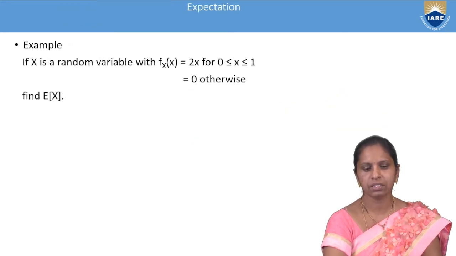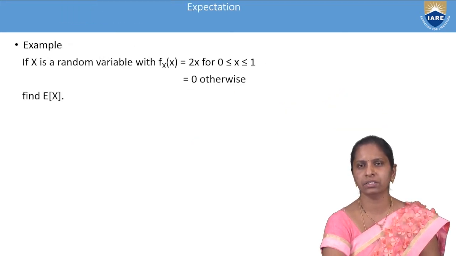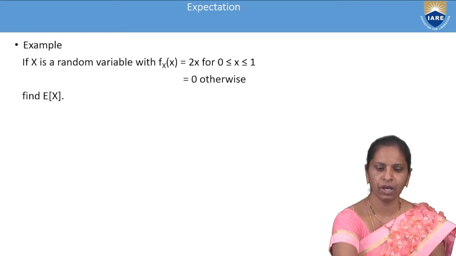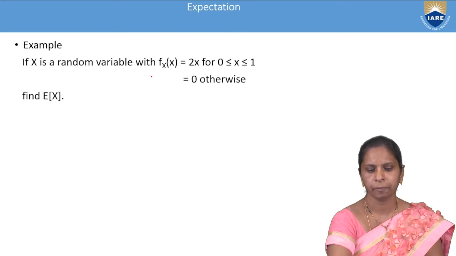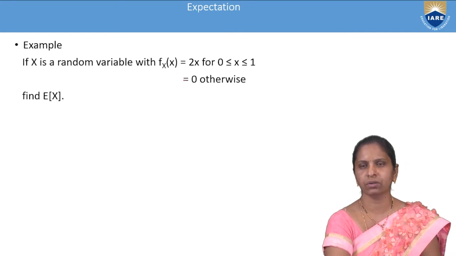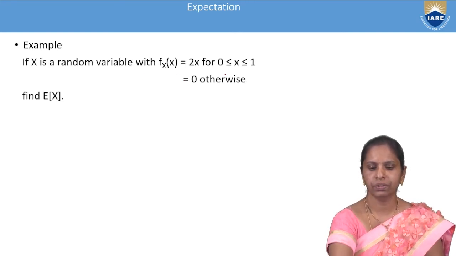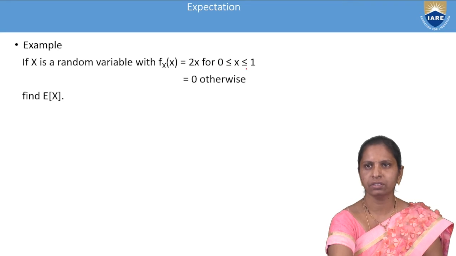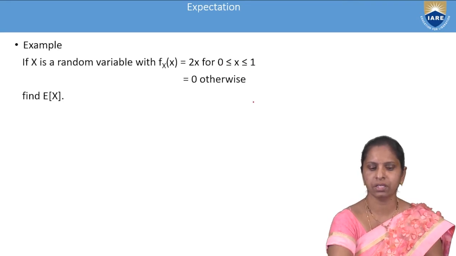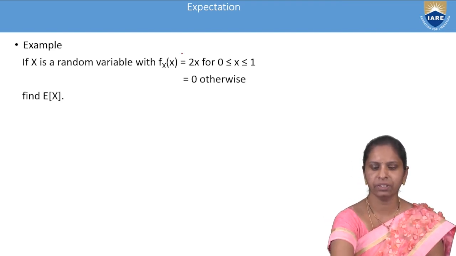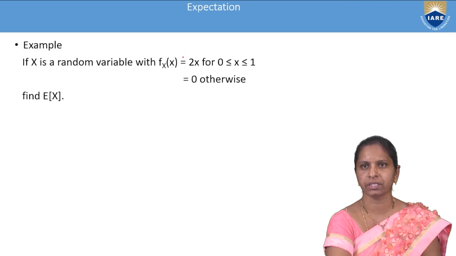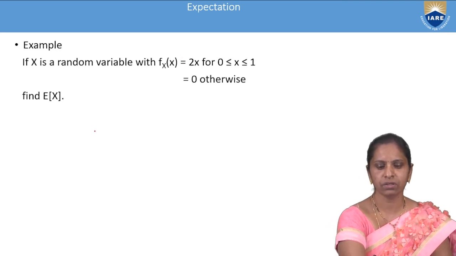Let us see an example on a continuous random variable. Now, what is the example here? If x is a random variable with fx of x equal to 2x for 0 less than or equal to x less than or equal to 1, and equal to 0 otherwise, find E of x. So what have they given? They have given the density function fx of x. What is fx of x here?